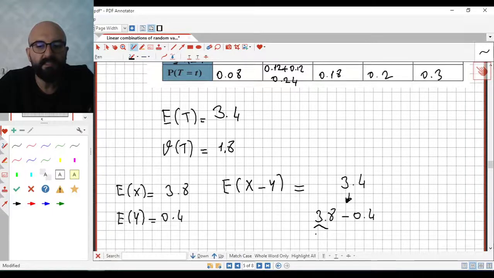So this is the expected value of x, this is the expected value of y, and we can receive the result.